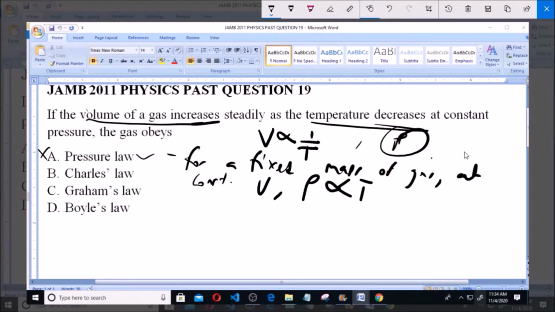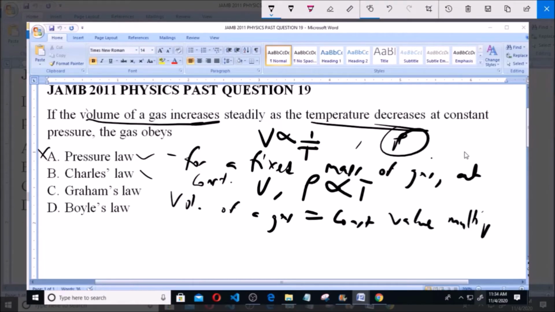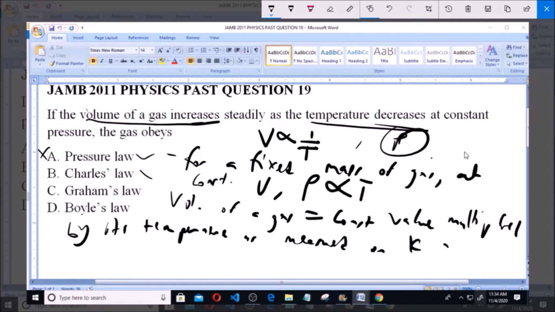Now Charles law actually has to do with the volume and temperature of gas, and states that the volume of a gas equals a constant value multiplied by its temperature as measured on Kelvin scale.